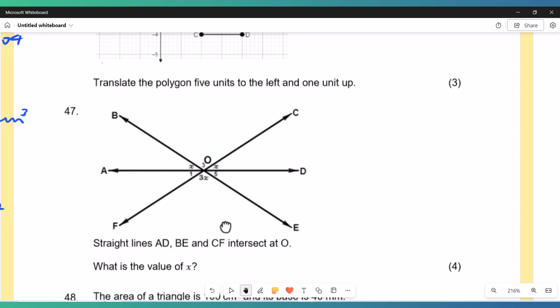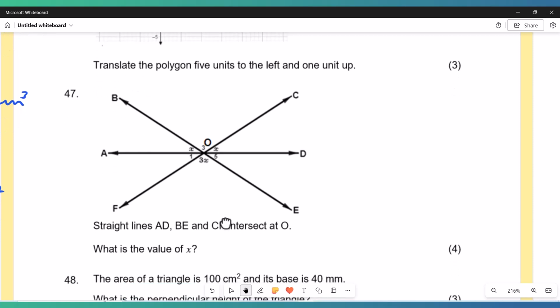They want the value of x. Now to get our x here, we can see that CF is a straight line. Okay, so this one being x, I can put x here because of vertical opposite. So this x plus this x, also plus x, this one here, then plus the 3x, must give us what? 180 degrees.